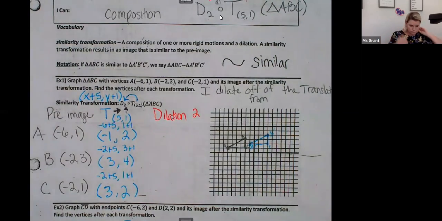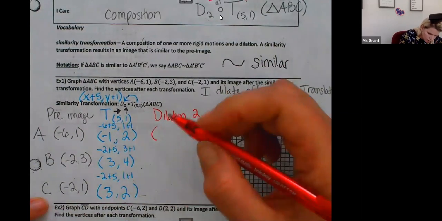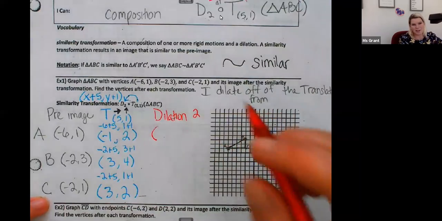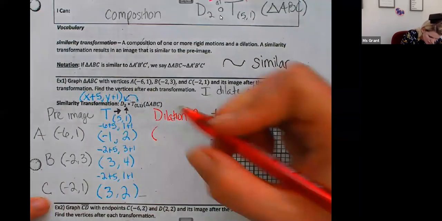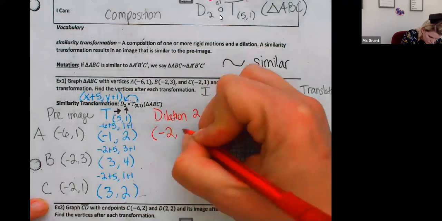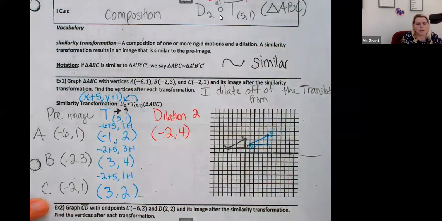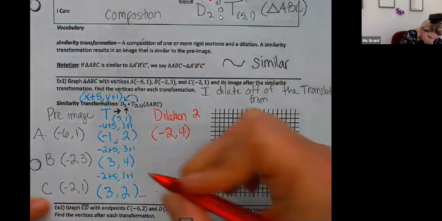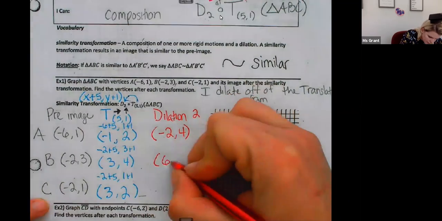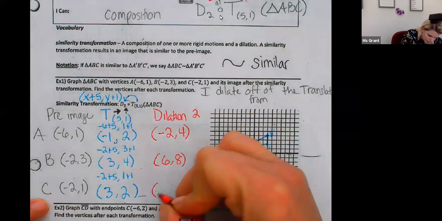Now, double, times 2. Every ordered pair gets doubled. -1 times 2. I'm thinking you could do this in your head. Can you guys do this in your head? I got -1, 2 became -2, 4. 3, 4 became 6, 8. 3, 2 became 6, 4.